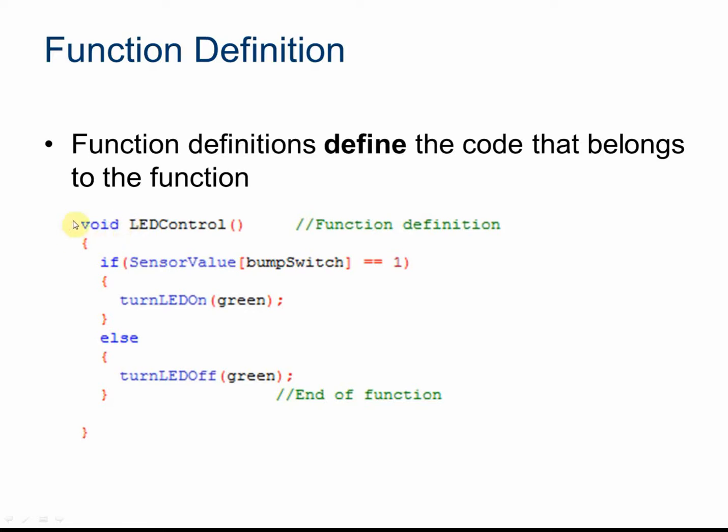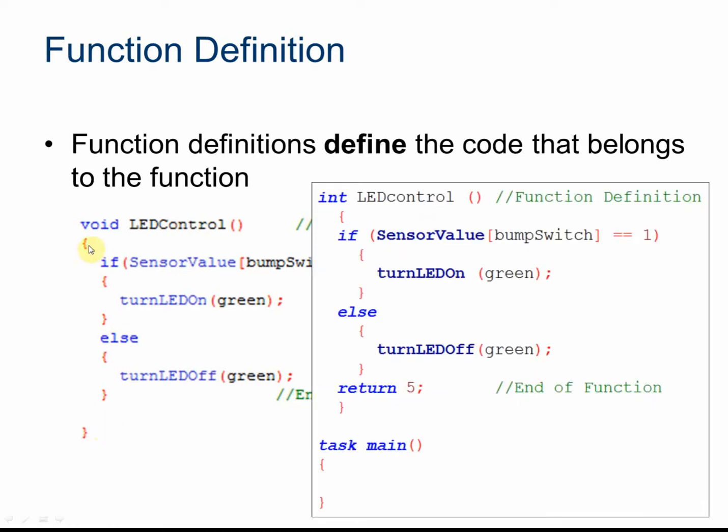If I were to replace this void with, say, an int, then that would mean this function would return an integer. And the way I would do that is at the bottom of the function, I would add an extra little line that says return and then a variable name or a value. For example, if I wanted LED control to return a 5, I would just say int LED control, and I would say return 5 semicolon, just to end the line, as you normally do.